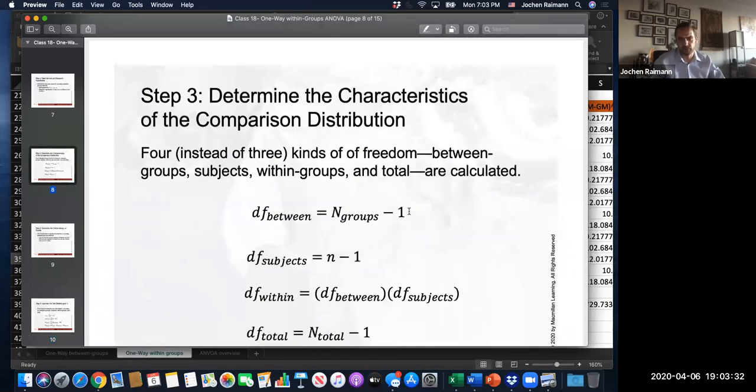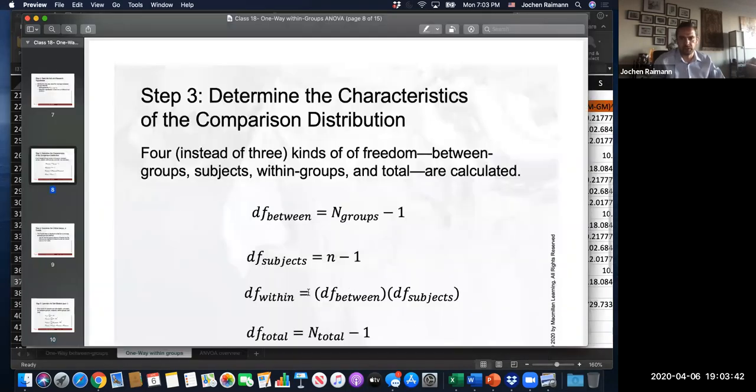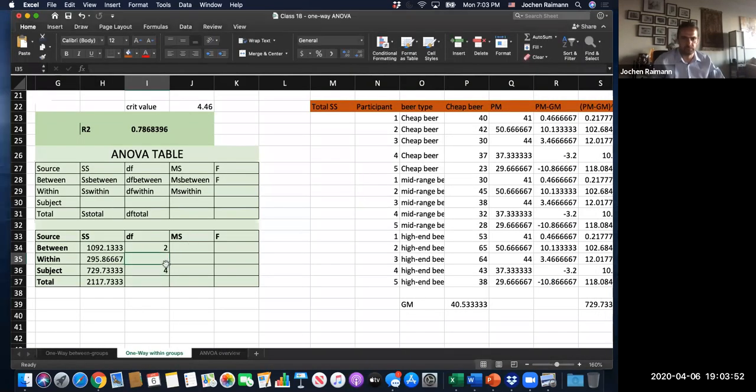We have between n groups minus 1. Subjects n minus 1. So we have 5 subjects, which is 4. So how much do we have? We have between multiplied by subject is within, right? So it's the degrees of freedom between, which is 2. Degrees of freedom per subject is 4. That is 8. So now we have 14 degrees of freedom.